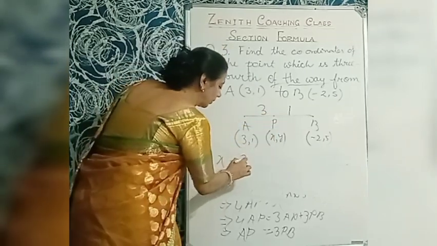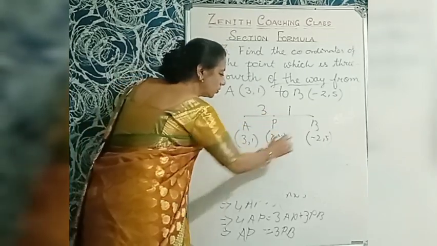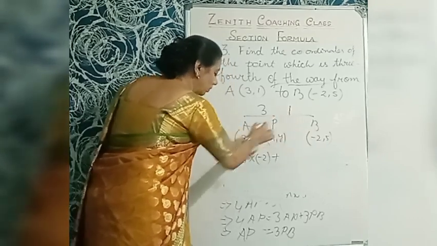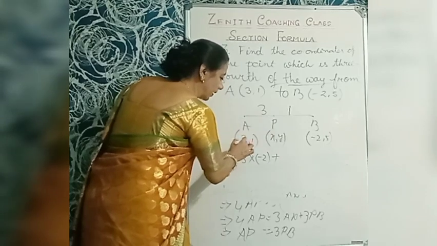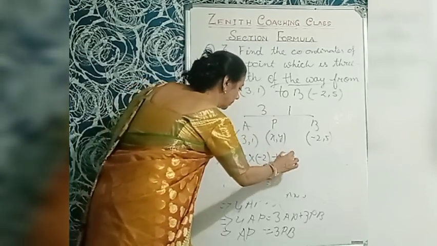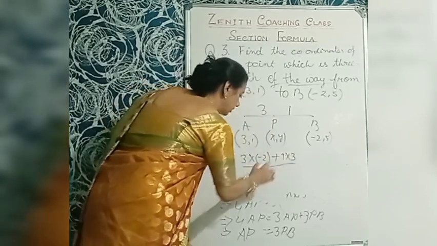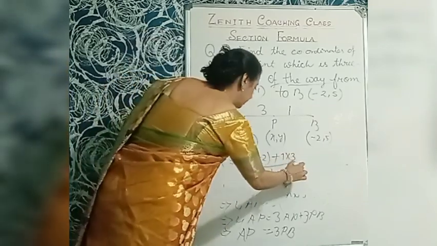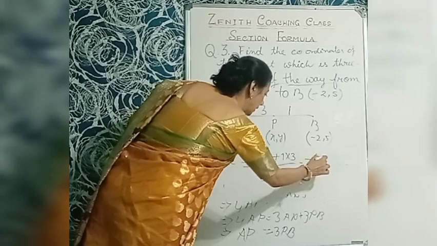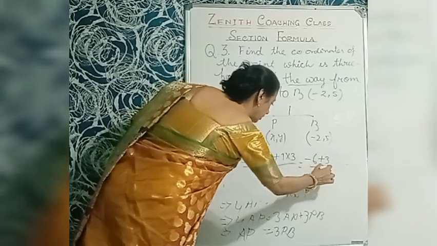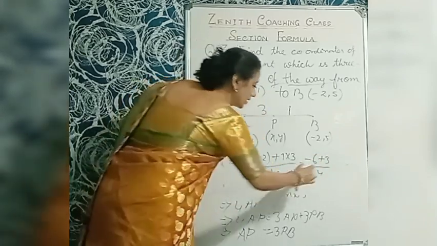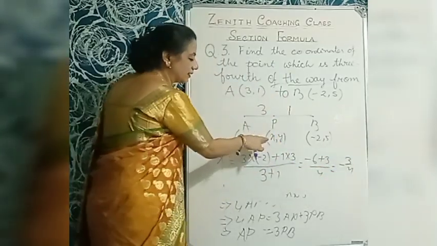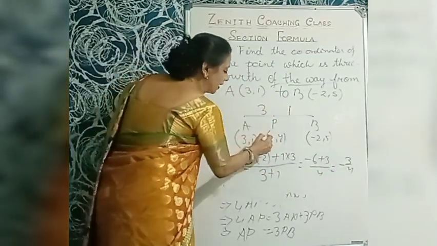So m1 means 3. m1 into x2, that is -2, plus m2 multiplied by x1, so 1 multiplied by 3, by 3 plus 1. Okay, so -6 plus 3 by 4 equals -3/4. That is, here x equals minus 3 by 4.